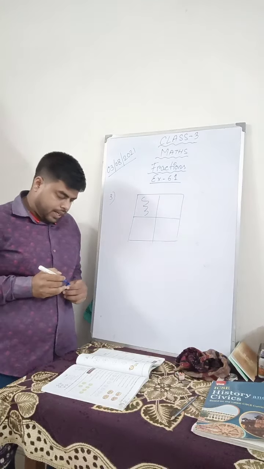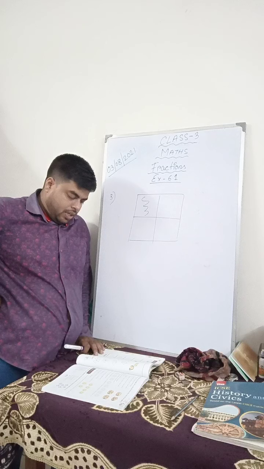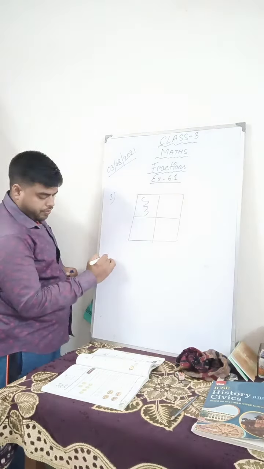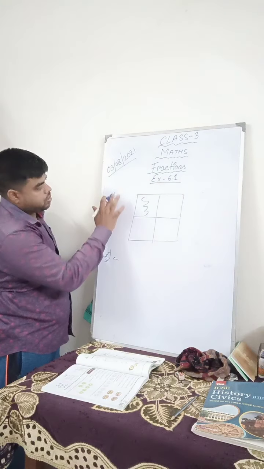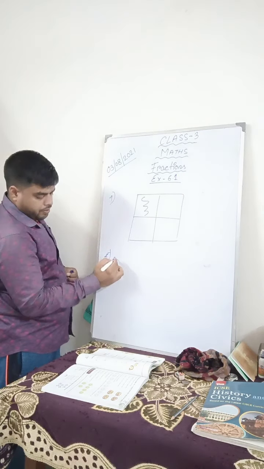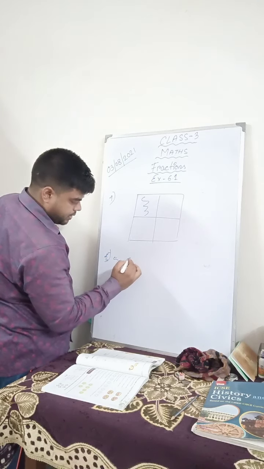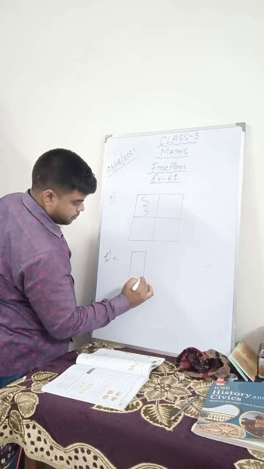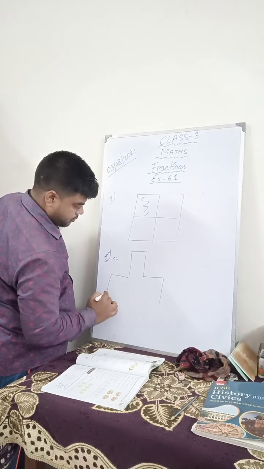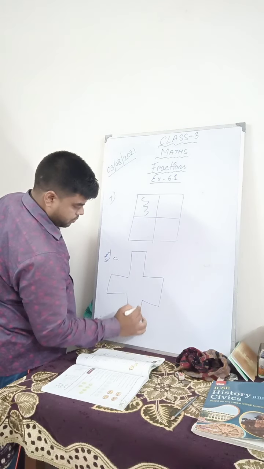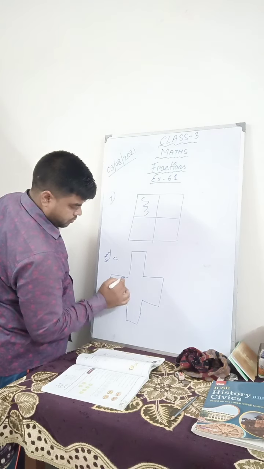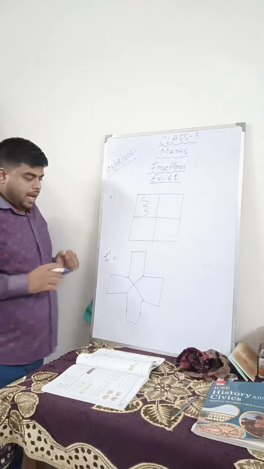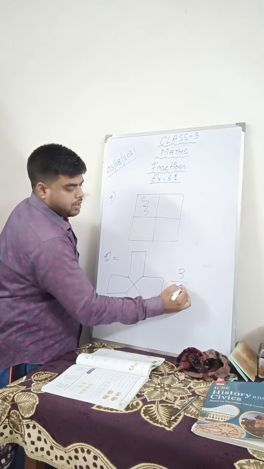Number 5. Color the figure according to the given fraction. So suppose number 5A, the figure is this. Beside the figure you see they have given 3/4.